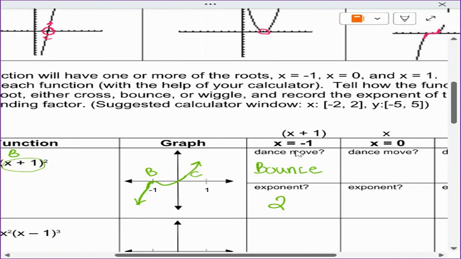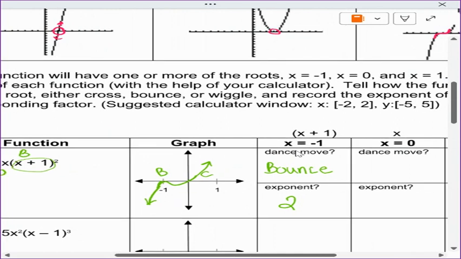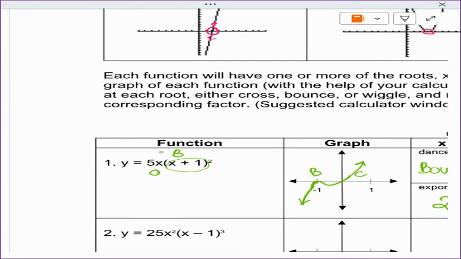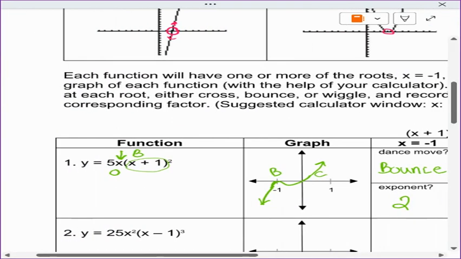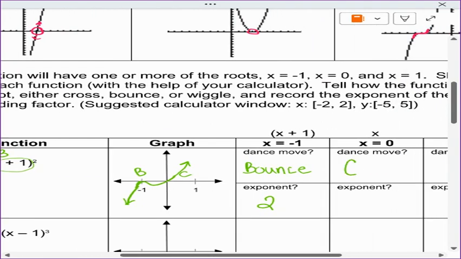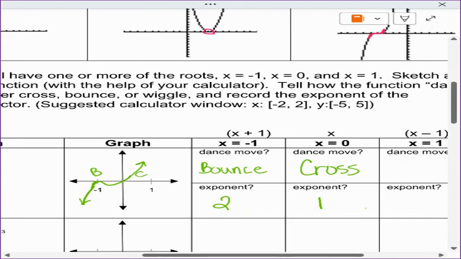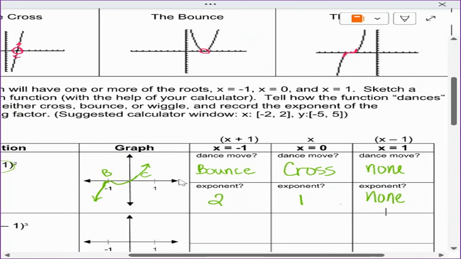You're ahead of me. What about when x is 0? That's this right here. It's a cross. What's the exponent? Degree 1. What's the dance move when x equals 1? There is no move. None. No dance move. The dance moves only happen at the roots, right?